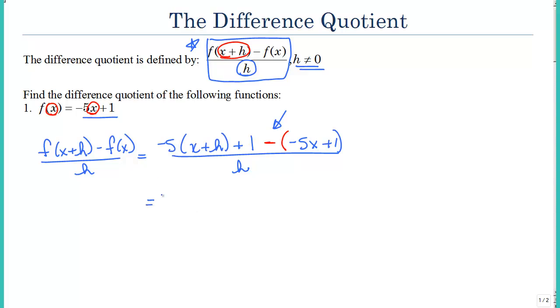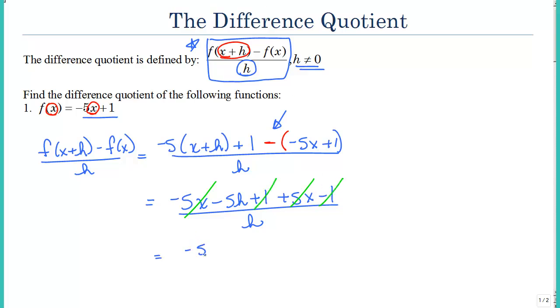After here, just really basic algebra. Distributing and collecting like terms. So let's see, and we should have lots of things that add to 0. So those cancel, and we have negative 5h over h, and then of course we could reduce to negative 5.